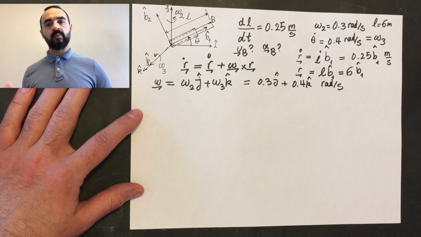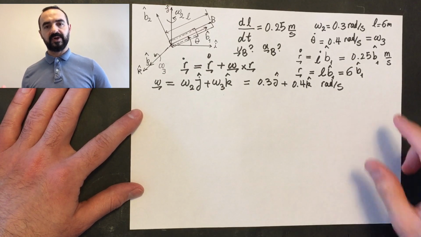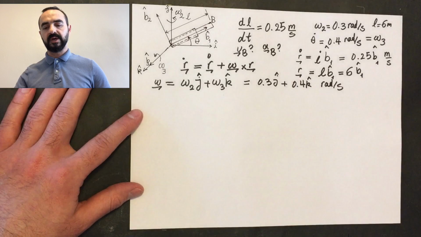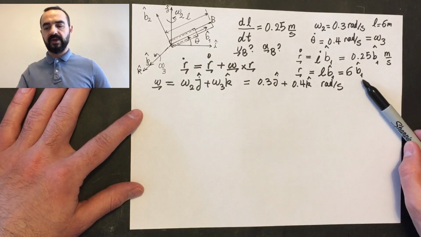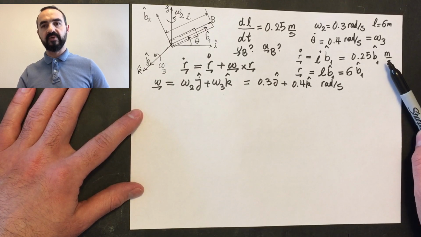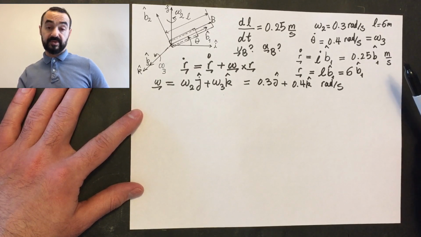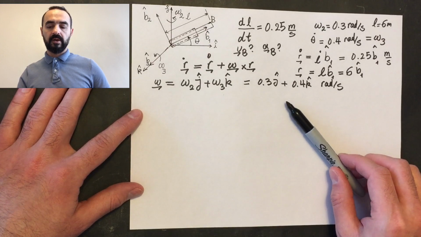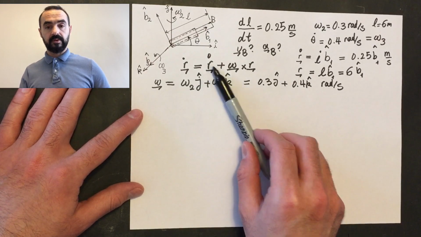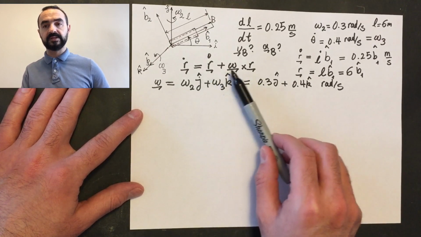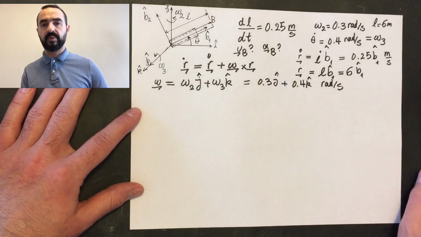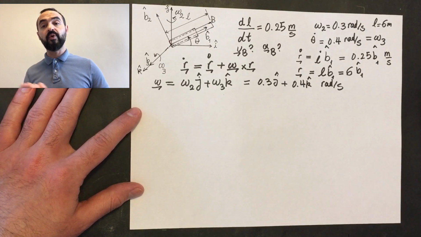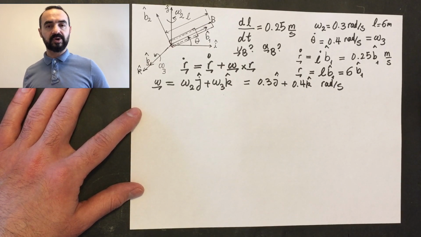Now you should understand why we use a secondary frame, because it was pretty easy for us to describe r and r circle in body attached frame, in terms of B1 hat. But at the end, when you're supposed to add these two vectors, r circle and omega cross r, or perform this cross product, you need to describe all your vectors in the same frame.